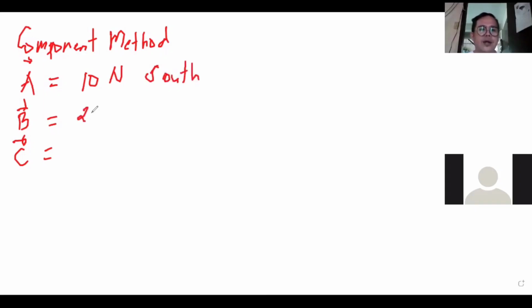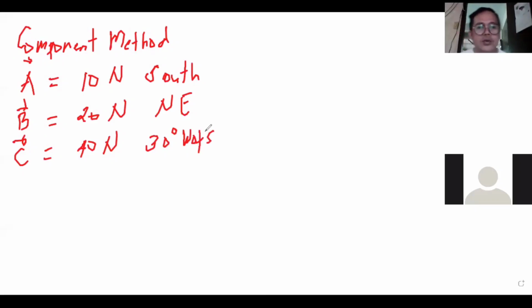The second vector is 20 Newton northeast. And the third vector is 40 Newton, 30 degrees west of south.